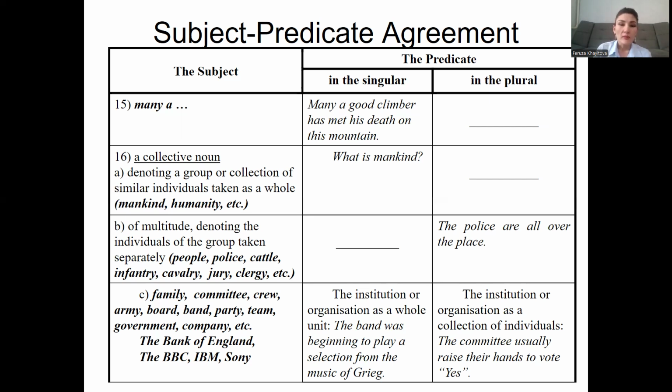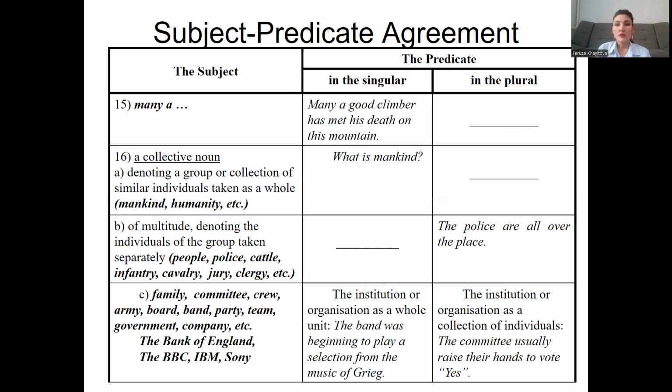Next one: family, committee, crew, army, board, band, party, team, government, company, the Bank of England, the BBC, IBM, Sony, and so on.